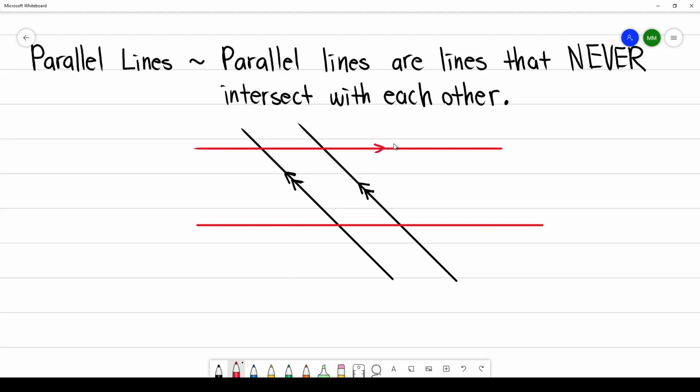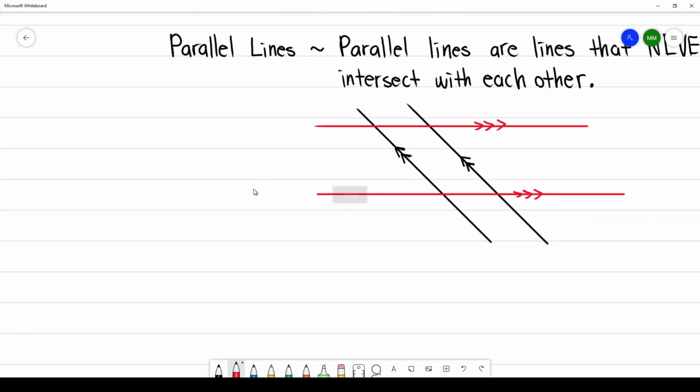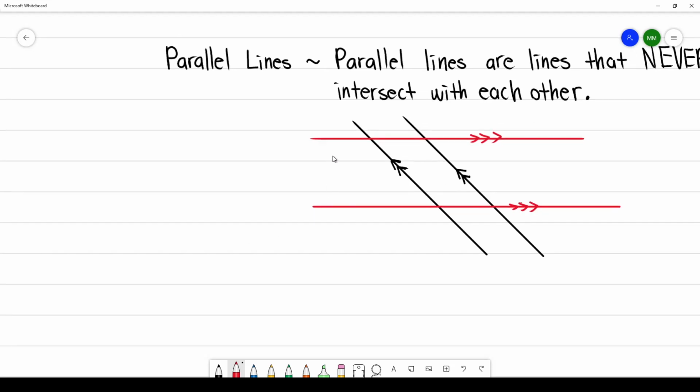So then we might want to draw three arrows now to indicate that they are two different parallelities. The black ones are parallel in this way, and the red ones are parallel in this way. So that's why we draw the triple arrows here, and then the double arrows here. So just something to keep note of. And these two lines are always the same distance from each other. So this distance is the same as this, okay? So pretty straightforward, I think.